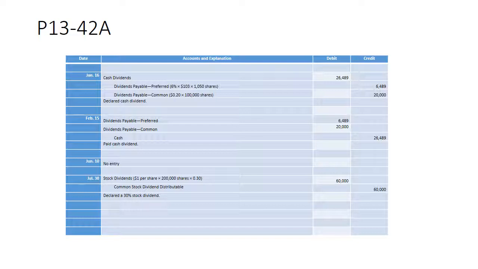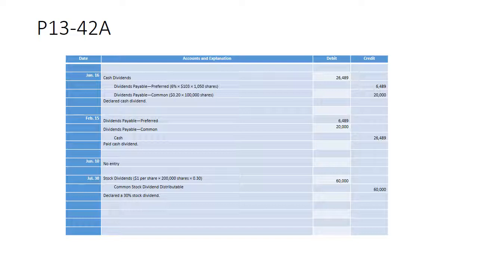There's 1,050 shares outstanding, which is also the amount sold. They declared a 20 cents per share dividend on the 100,000 shares of $2 par value common stock outstanding. The date of record is January 31st, and the payment date is February 15th. So they define all those dates for us.